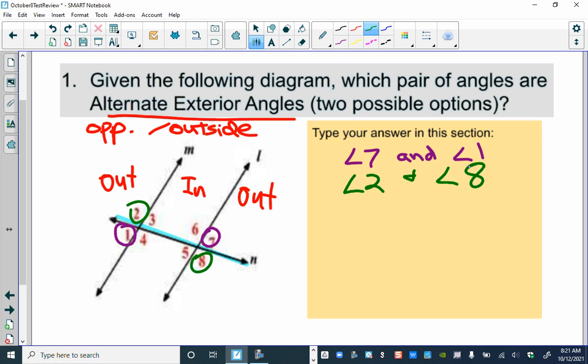So remember the activity that we had where we either had to figure out if the two angles added up to 180 or if the two angles were congruent? It's going to be one of those two situations. Would they add up to 180 or are they congruent? Say again? They're going to be congruent. In this case, since these guys are parallel, they're going to be congruent.